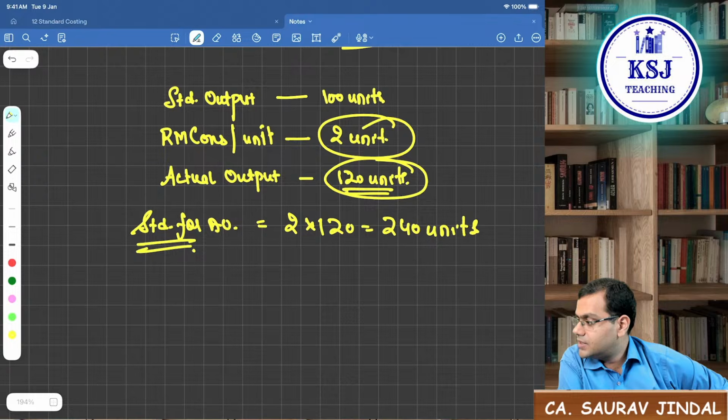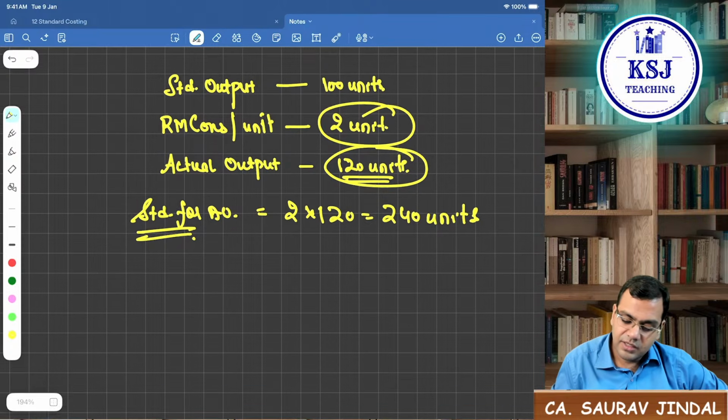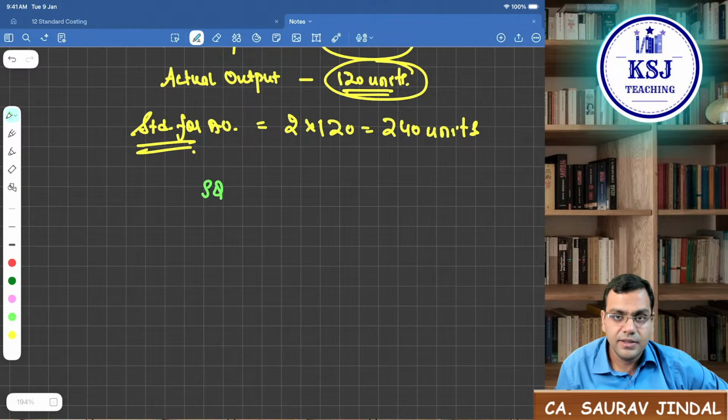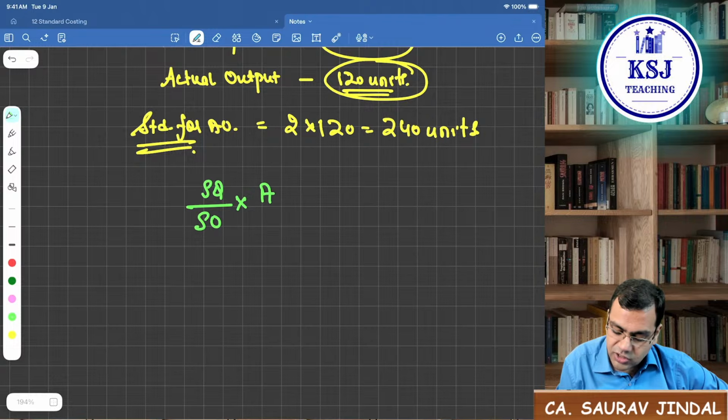Or you can do standard quantity divided by standard output into actual output, not actual quantity. The formula that you have given, Vedant, I'll change that formula. That is standard quantity divided by standard output into actual output.